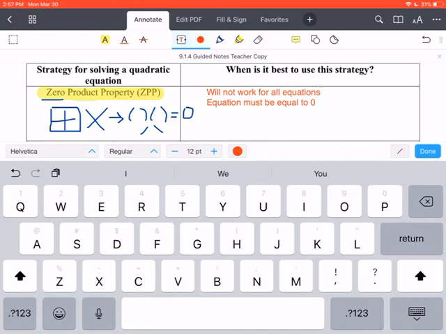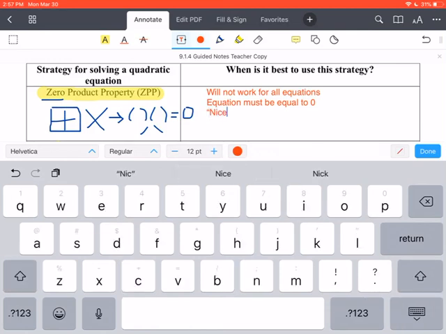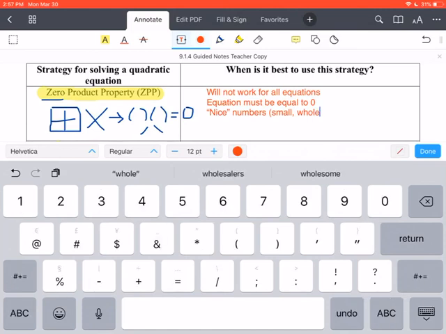Okay, once you have it equal to 0, then zero product property is going to be used when we have nice numbers. So what are nice numbers? They need to be small, and they need to probably be whole numbers. So if you see any decimals or fractions, I would highly recommend don't even try to factor the expression.